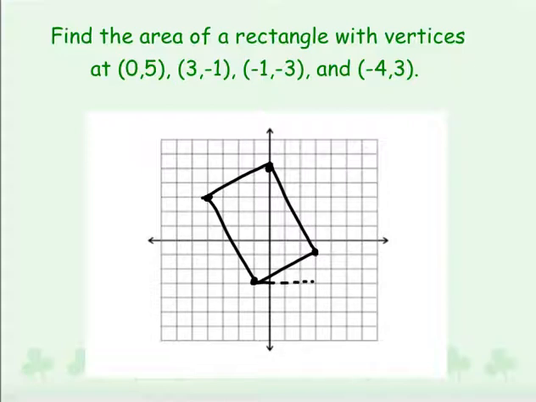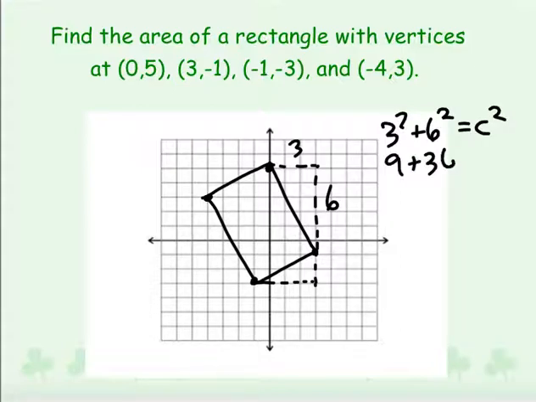So we're trying to find this hypotenuse and this hypotenuse, which means, let's start with the longer one. We have a 3 by 6. So we're going to do 3 squared plus 6 squared equals c squared. So we have 9 plus 36 equals c squared. So we have 45, and c is equal to the square root of 45.